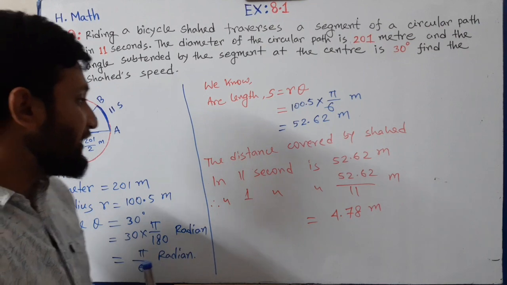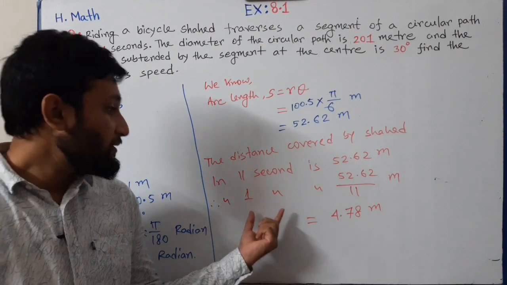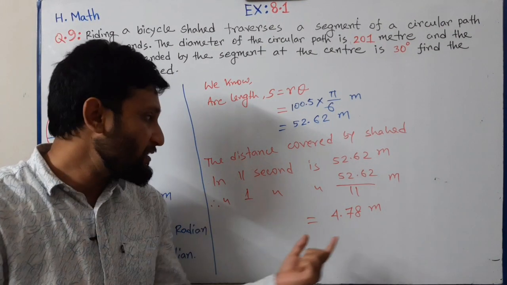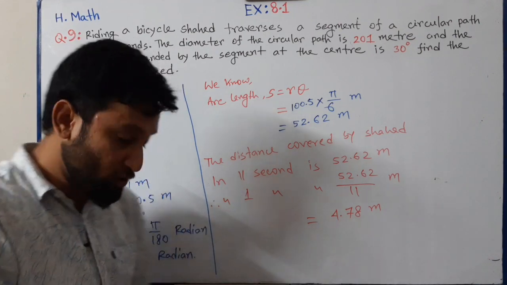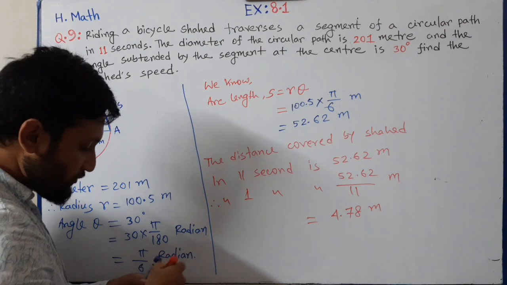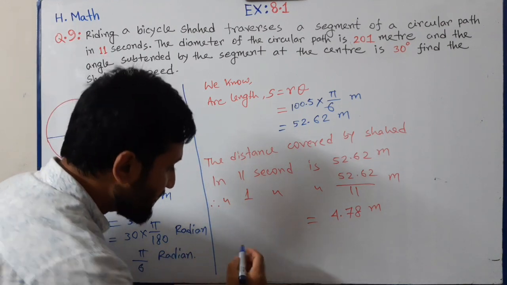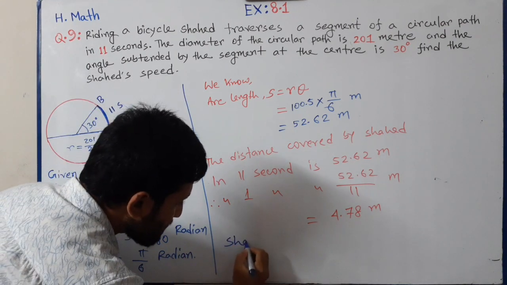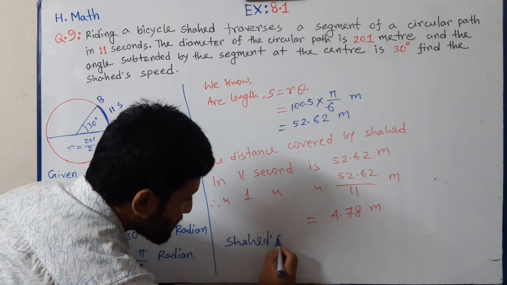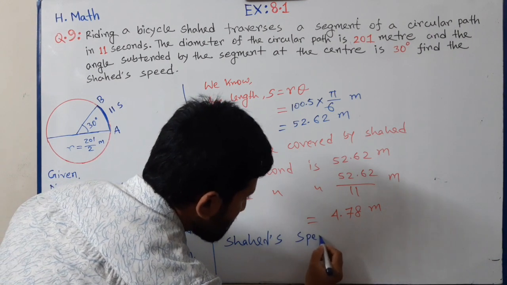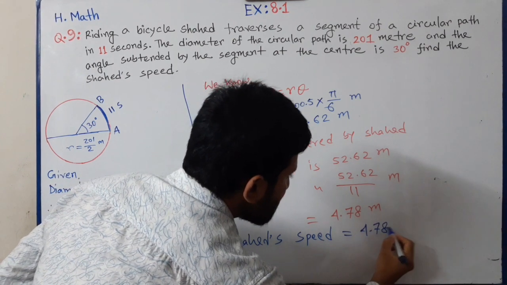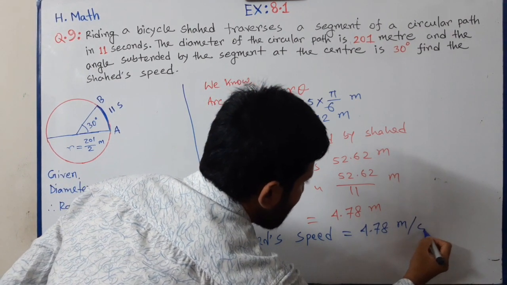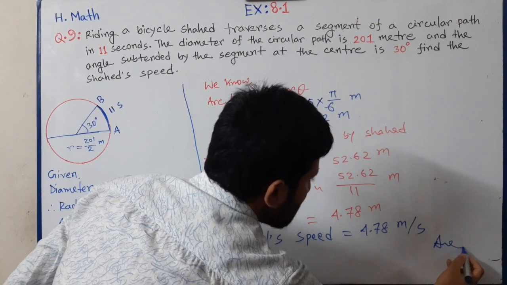In 1 second, that means per second, Shahid covered 4.78 meter. So Shahid's speed equals 4.78 meter per second. This is our required answer.